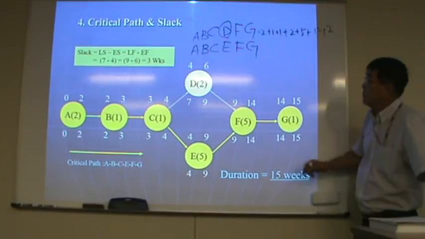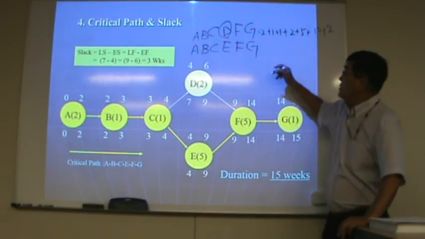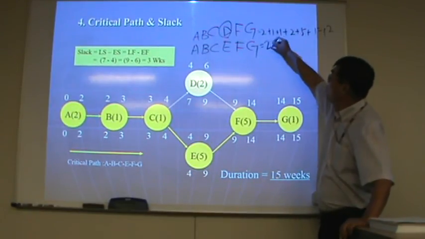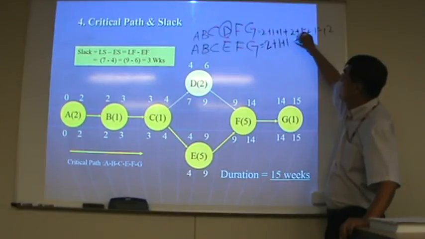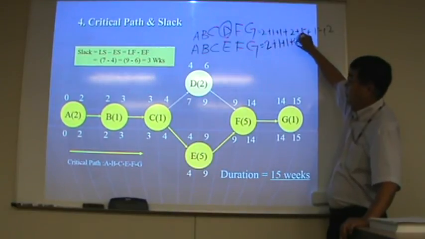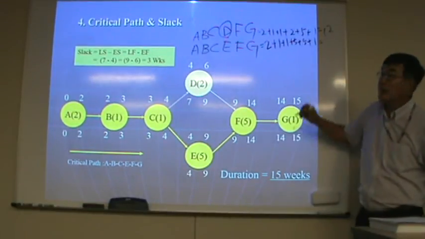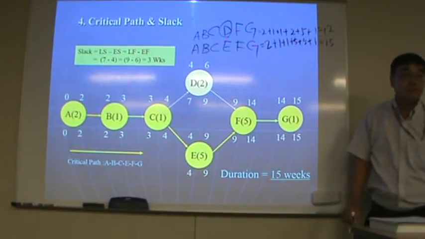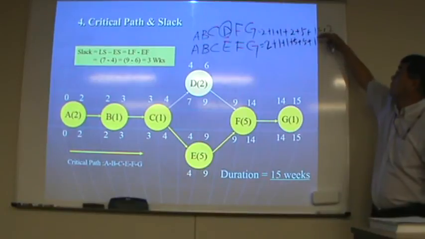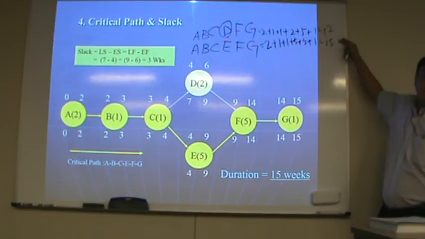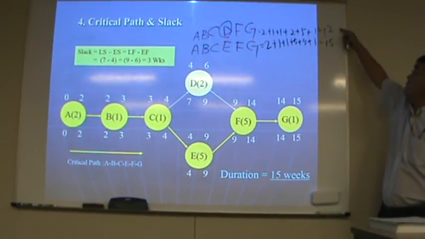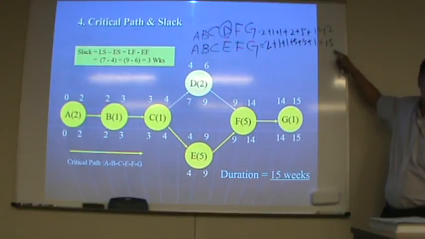Second path equals 2 plus 1 plus 1 plus 5 plus 5 plus 1 equals 15. 12 and 15: between this one and this one, the longer is the longest, right?